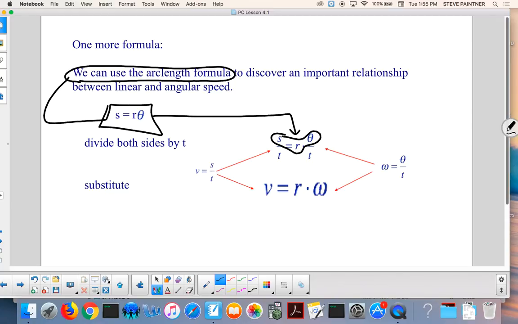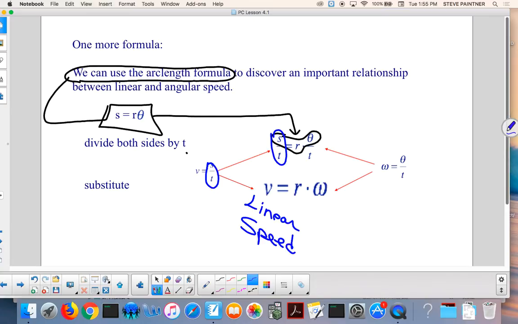Divide both sides by what letter? T for time. If you divide S by T and then just do theta by T, don't do the R, just do theta. Watch what happens. S over T is really linear speed.